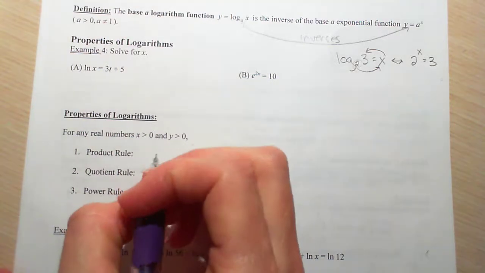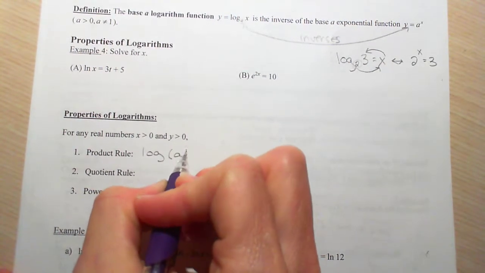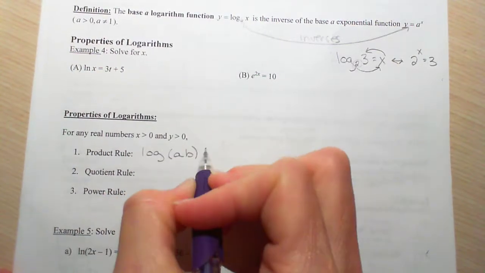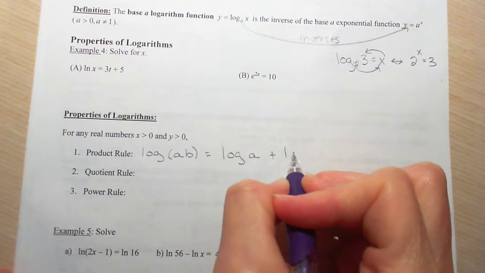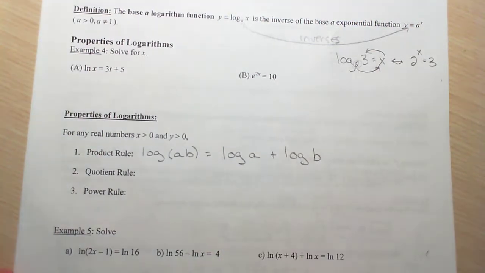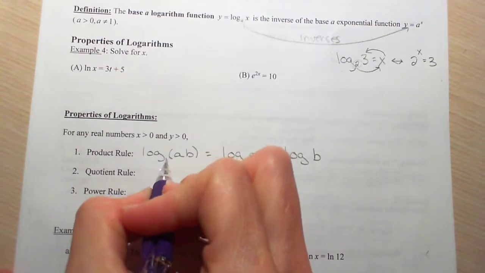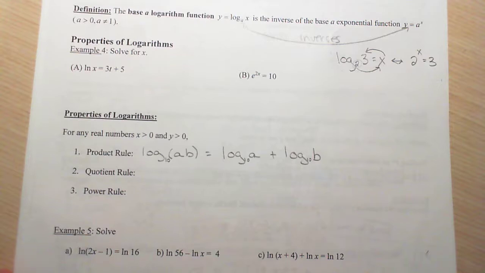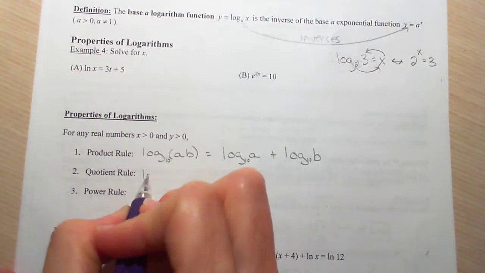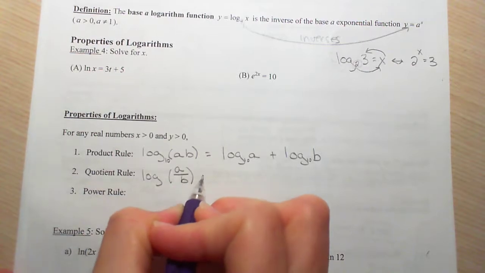So the product rule says log of a times b, so there's the product, multiplication, becomes log of a plus log of b. Okay, so these bases I've not written in here. Remember, if the base isn't written, it's a log base 10. And then quotient is log of a divided by b. There's your quotient.